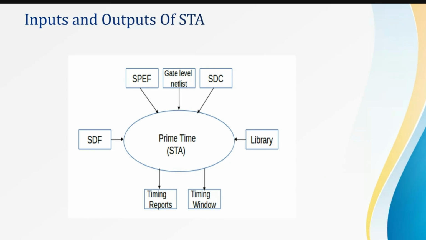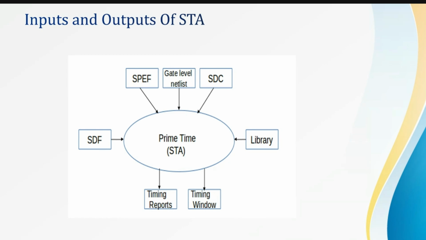And the library and the SDF. Sometimes SDF will be required, sometimes it won't. And the LEF you need. Apart from this, you need the SPEF, DEF, LEF, gate level netlist, SDC, and the timing library.